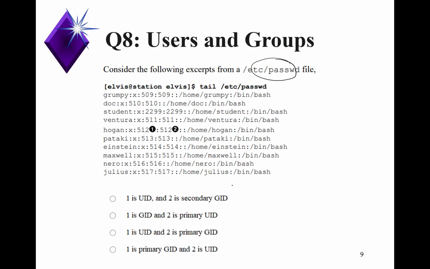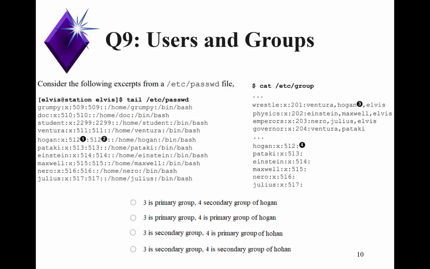But what type of GID? Primary, secondary? Primary. Yeah, it's the primary GID. So 1 is the UID and 2 is the primary GID. All of you are okay? Okay. The next one here.